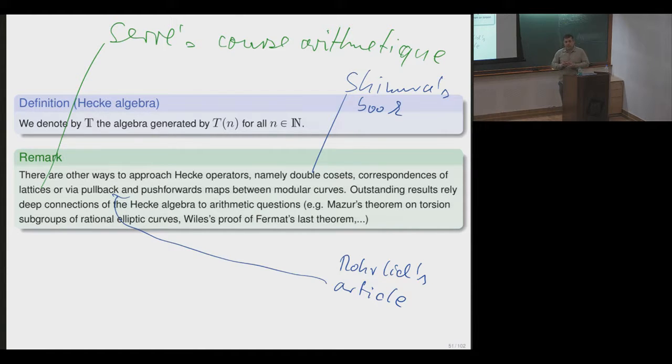For example, the famous theorem of Mazur, that if you have an elliptic curve defined over Q, then there's only a finite list of torsion subgroups. This is relying on the Hecke algebra of the Jacobian of this associated modular curve X_0(N), and this is the so-called Eisenstein quotient.